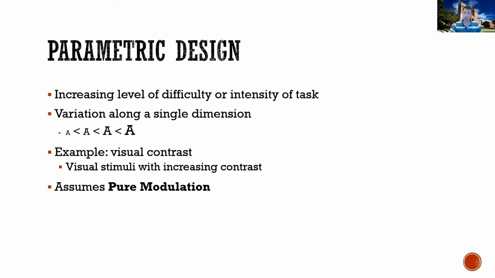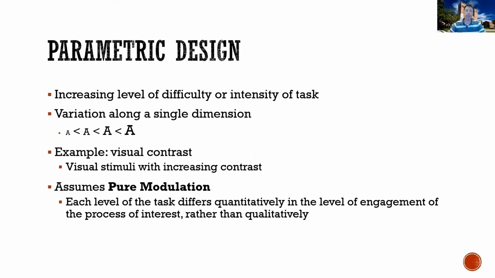Now, this approach doesn't assume pure insertion, but assumes pure modulation. The idea with pure modulation is that as you make the feature of the stimulus stronger and stronger, for example, as you make a sound louder and louder, your brain just does more processing.